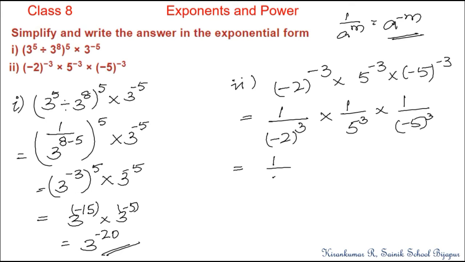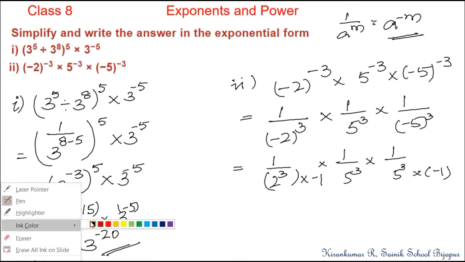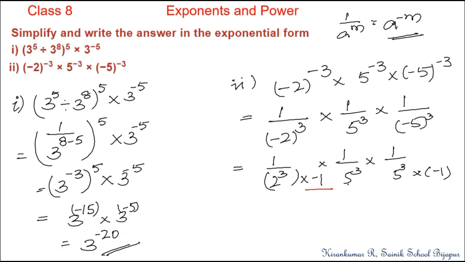So we get it as 2 cube multiplied with minus 1 into 1 by 5 cube. This will be 1 by 5 cube multiplied with minus 1. If you observe, this minus 1 into minus 1 will be positive 1. So the result whatever we get is 1 upon 2 cube into 5 cube into 5 cube.